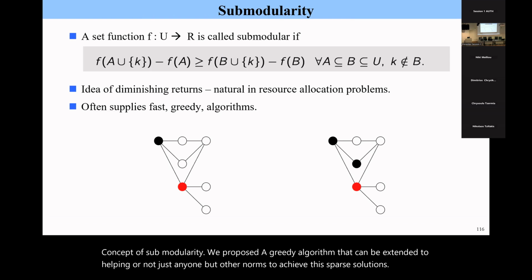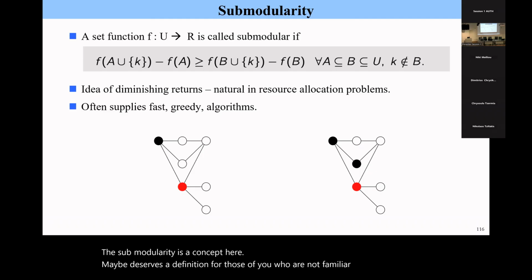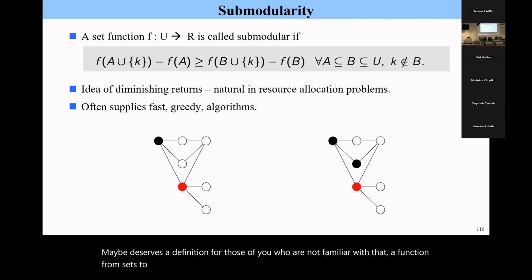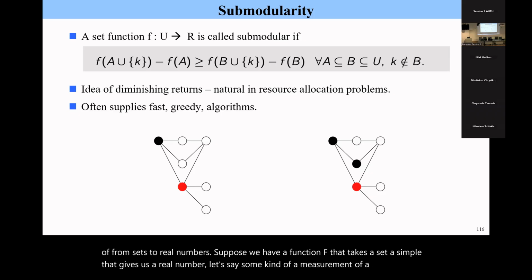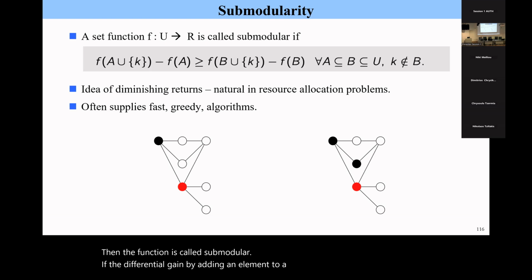The submodularity concept here maybe deserves a definition for those of you who are not familiar with it. Suppose we have a function f that takes a set as input and gives us a real number, some kind of measurement of a set. Then the function is called submodular if the differential gain by adding an element decreases as the set increases.